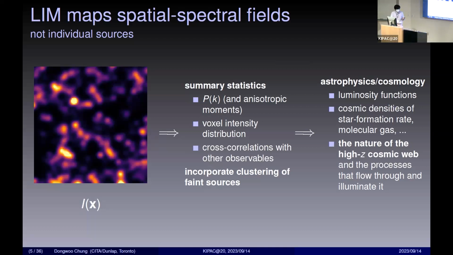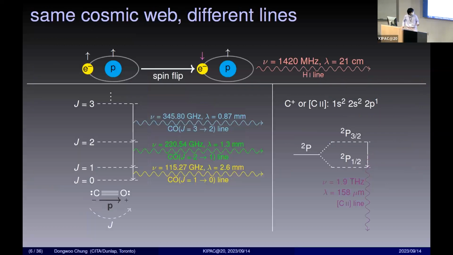We want to make inferences that take into account not just the brightest sources that will be detectable individually in surveys from instruments like JWST or ALMA, but we're also thinking about the clustering of fainter sources that aren't detectable in isolation, but in aggregate can help us get a fuller picture of what's going on across the cosmic web as it emerges out of ionization. And so by measuring these fluctuations in line intensities across cosmic scales, you're getting a full idea of cosmic processes like ionization and structure formation.